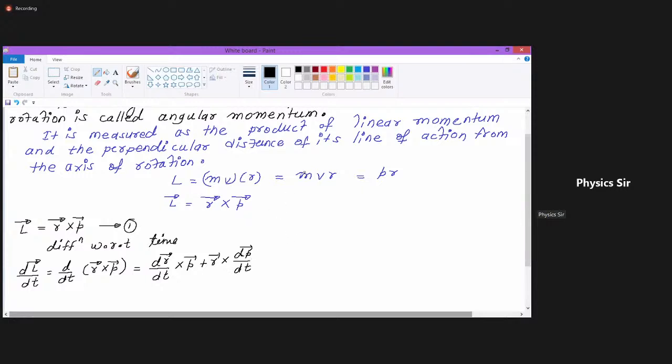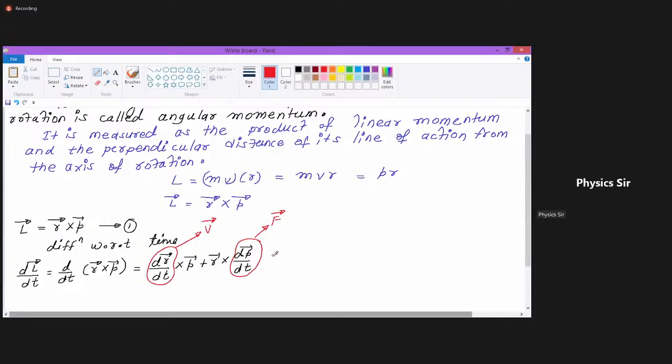Now, what is dr by dt? My dear student, this dr by dt is the rate of change of displacement with respect to time, and this is nothing but velocity. What is dp by dt? Rate of change of momentum with respect to time. This is nothing but force, from Newton's second law of motion.